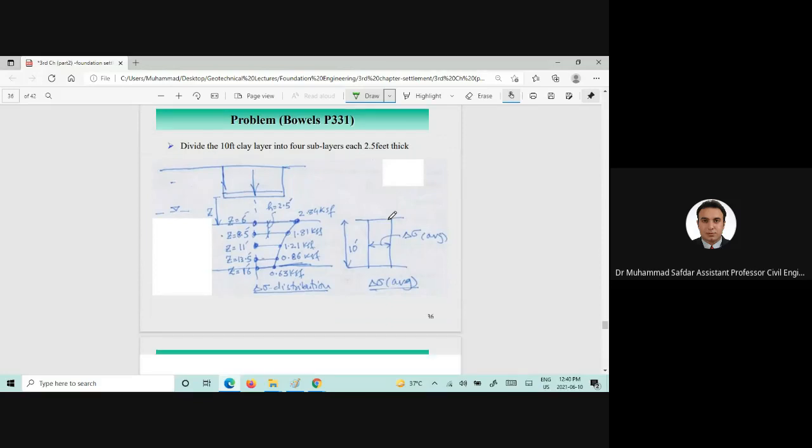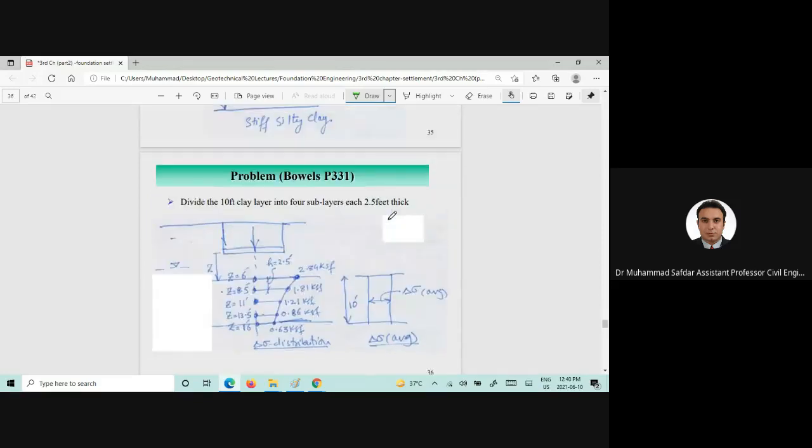Now, in order to find that, you need to divide this 10 feet clay layer into 2.5 feet, and then again 2.5 feet, 2.5 feet, and 2.5 feet. So that's 10 feet there.